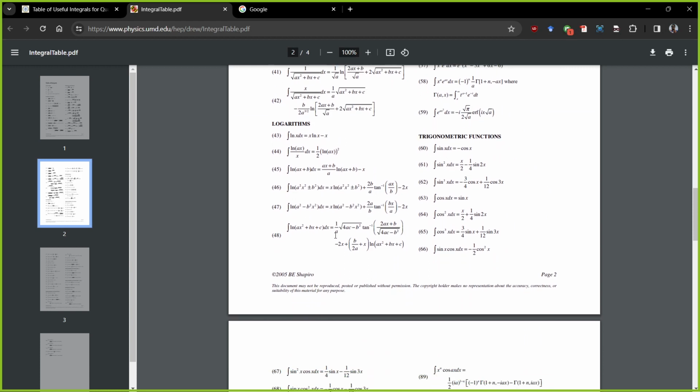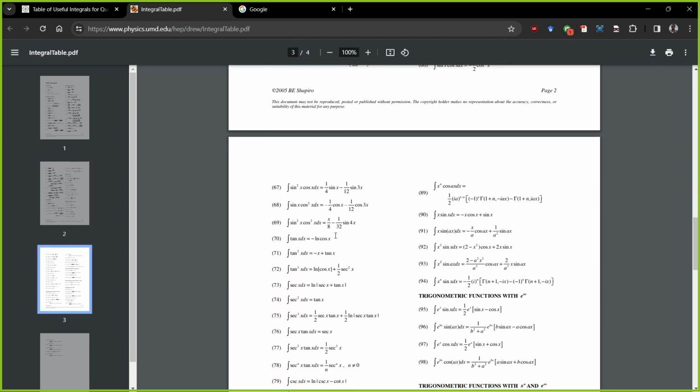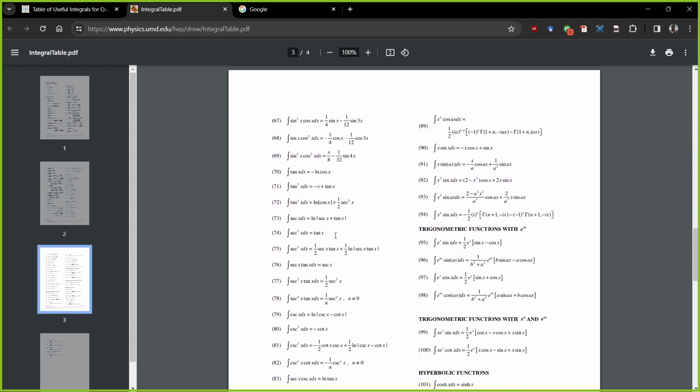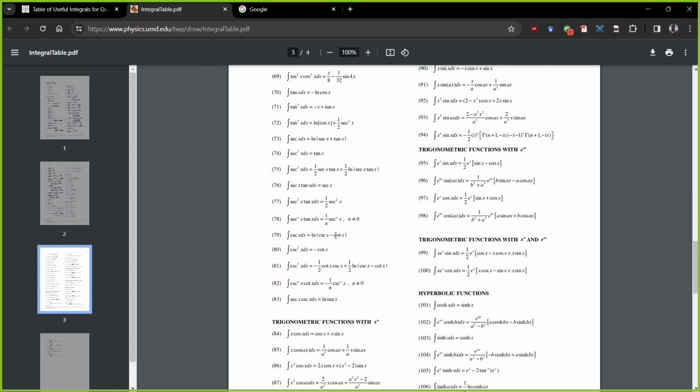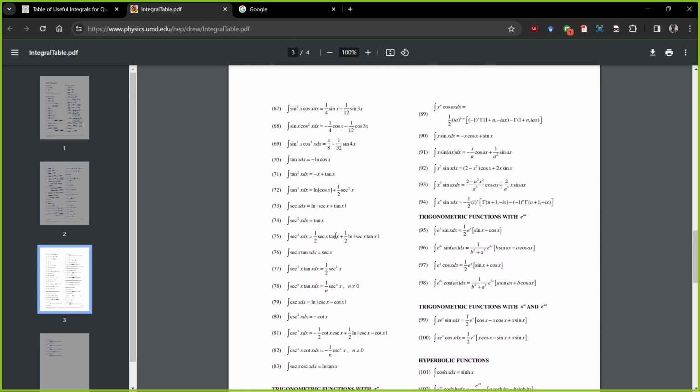So there's my integral for, of course, sine squared x, which is x over 2 minus 1/4 sine 2x, right? You have all these nice formulas you can use. So let's look for x cosine squared x, which is really close here. Let's see if we can find it. There's x cosine x.